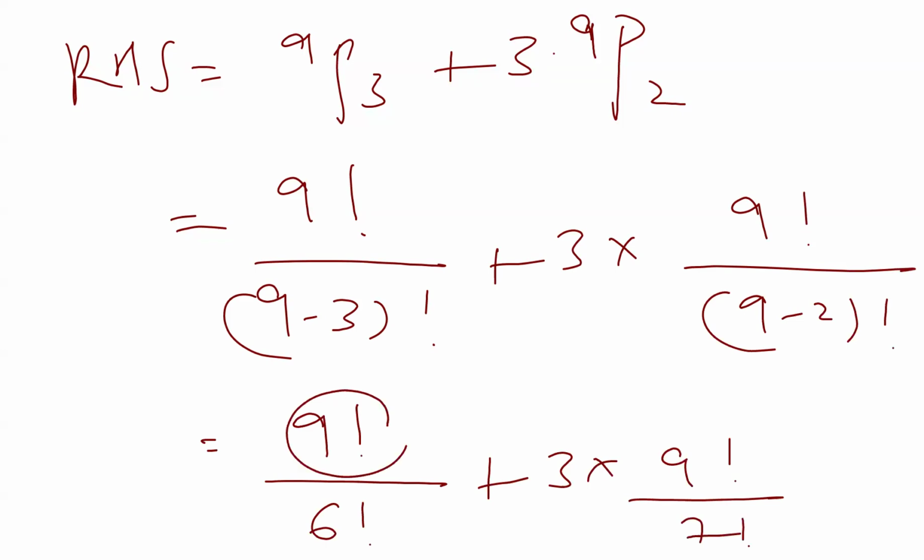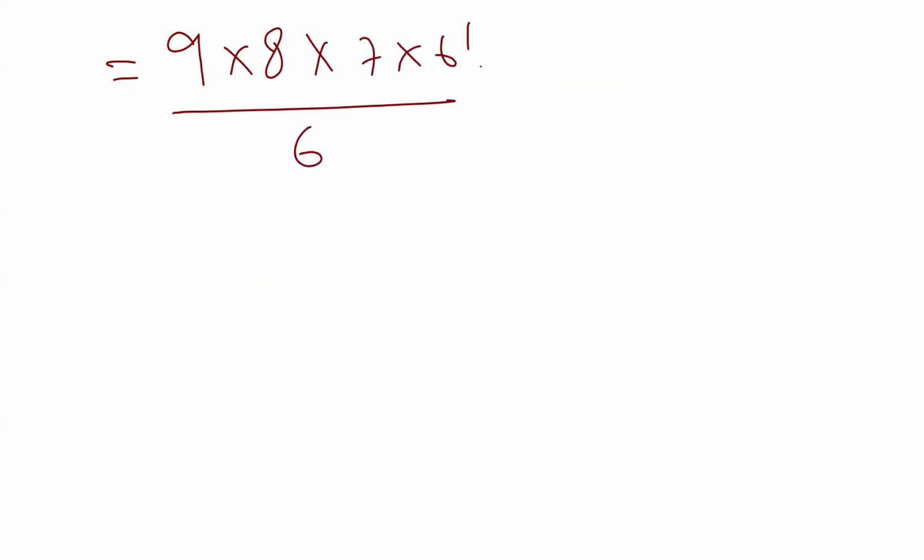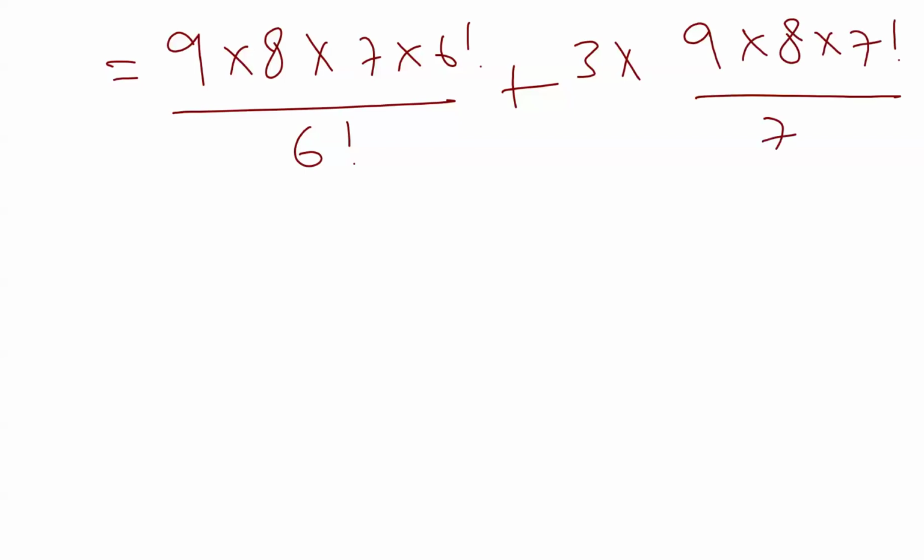So 9 I'll reduce up to 6, and here 9 I'll reduce up to 7. So 9, 8, 7, 6 factorial, and 3 into 9, 8 and 7 factorial upon 7 factorial. So this is getting cancelled.